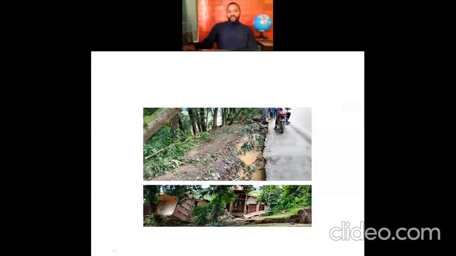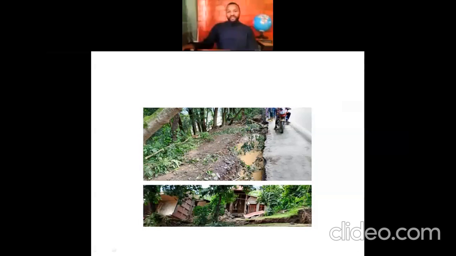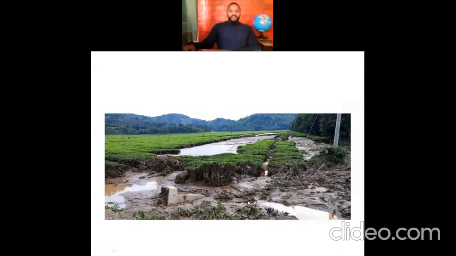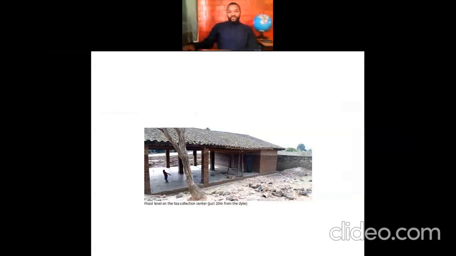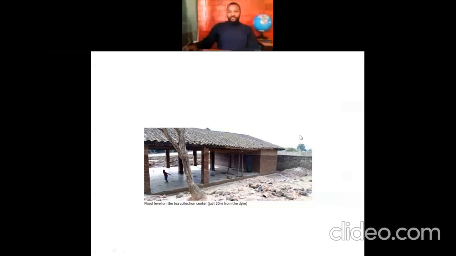And you see that the water also has been able to erode the side of the road. This is the tea plantation that is flooded. As I showed you here, this is the tea collection center that is flooded up to almost 1.5 meters.